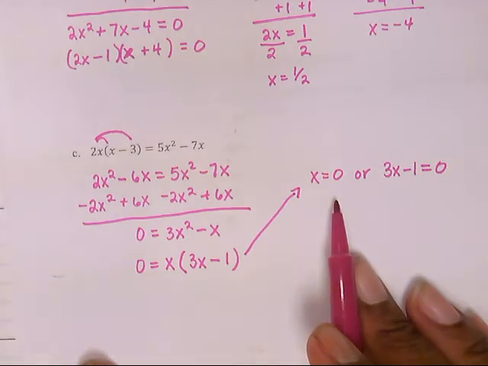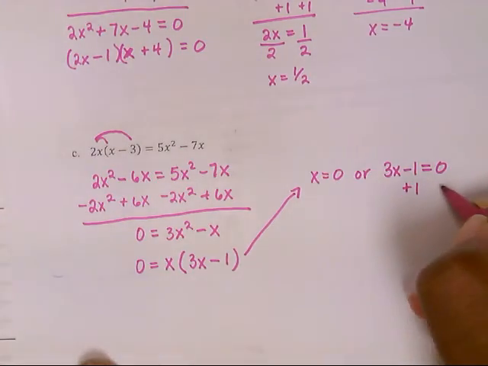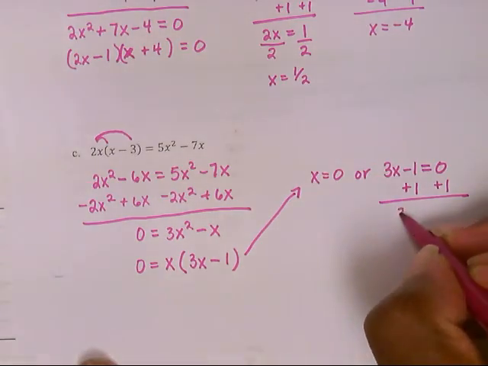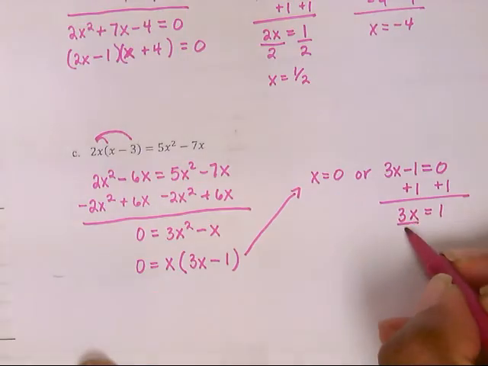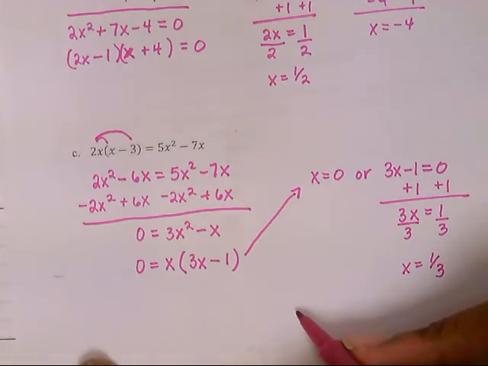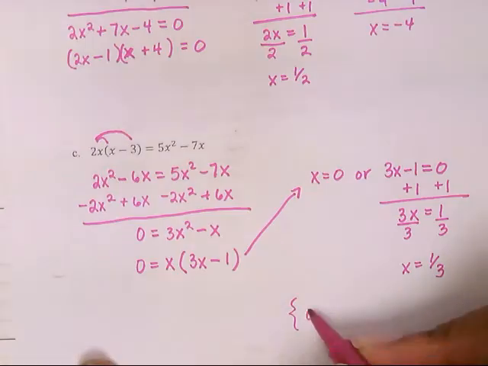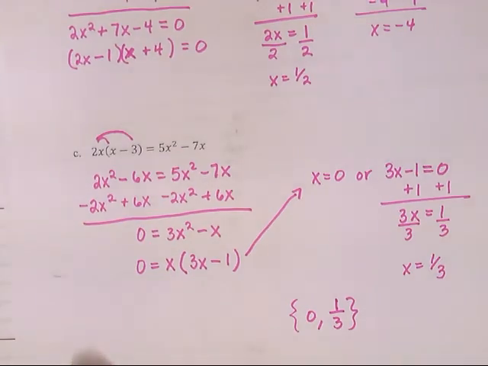Well, x equals 0 is solved for x, but for the 3x minus 1 equal to 0, if I add 1, I'll have 3x is equal to 1. Divide by 3, x equals 1/3. So here 0 and 1/3 are my two solutions to that quadratic equation.